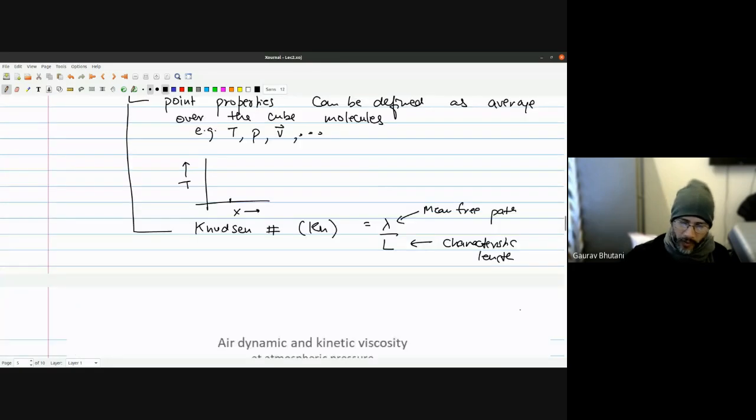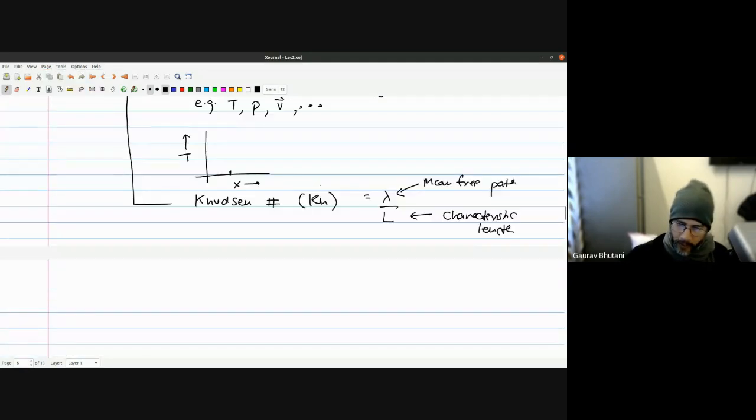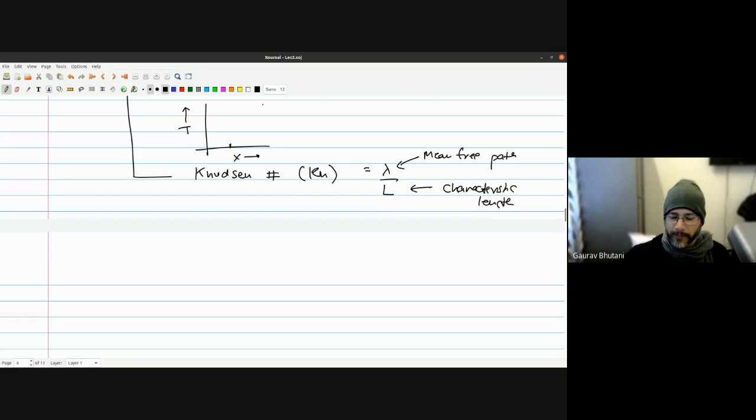What this means is, if I'm talking about a room, let's say I'm trying to do fluid mechanics of flow inside a room. So my room has a characteristic dimension L, which is approximately, let's say, 1 meter.